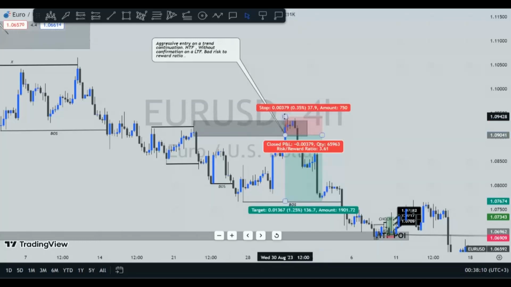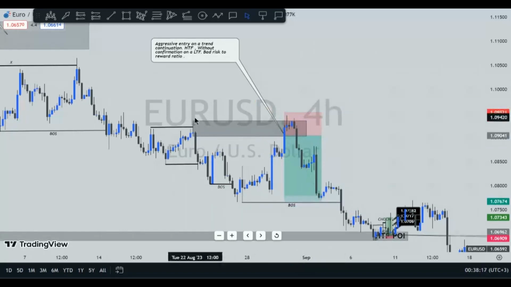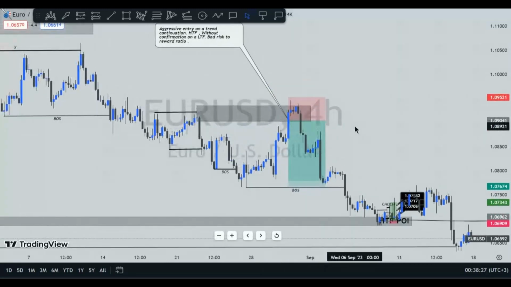But if you put this stop loss some pips above this high, the trade might be worth it, but the risk to reward ratio will not be that good compared to confirmation entry.